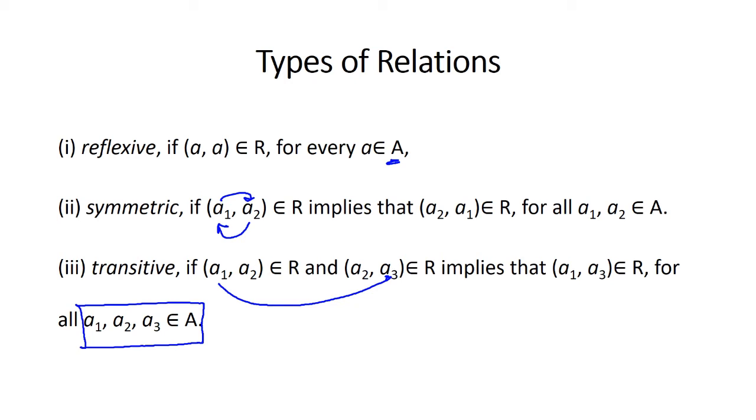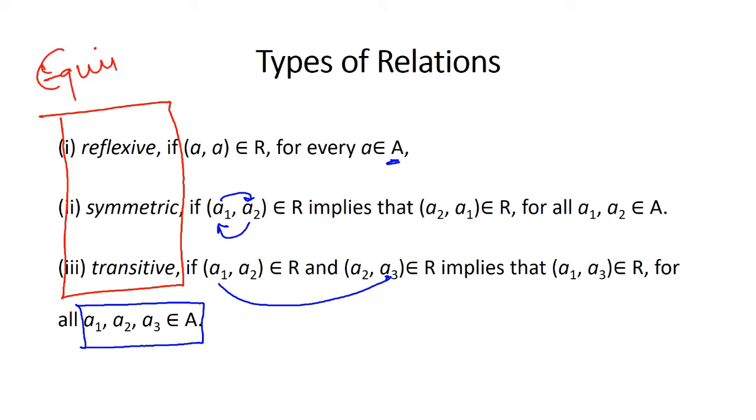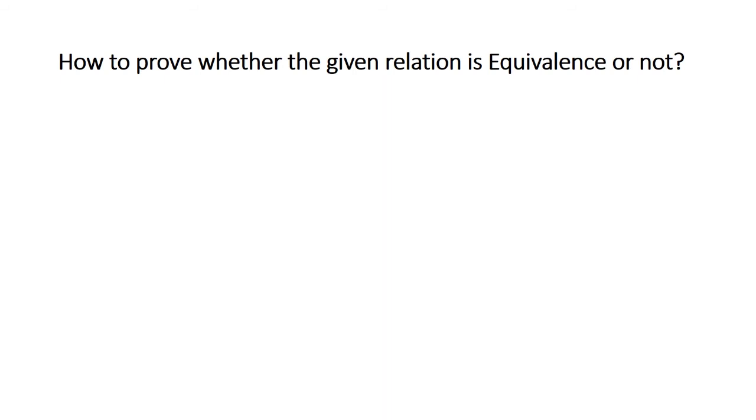And if a given relation is reflexive, symmetric as well as transitive, such relations are known as equivalence relations. In case a question comes, prove that a given relation is equivalence, then what you have to do is prove it is reflexive, symmetric, transitive. So let's see how to prove whether the given relation is equivalence or not.